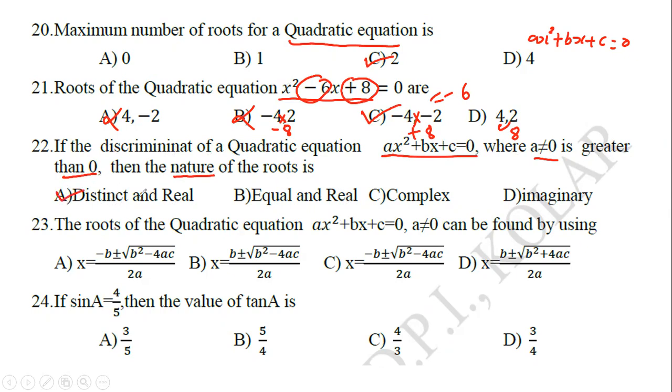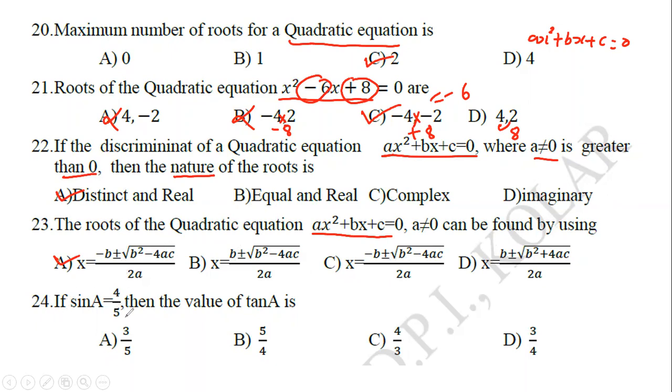So option A is correct. Next, 23rd question. The roots of quadratic equation ax square plus bx plus c is equal to 0 can be found by using which formula? So x is equal to minus b plus or minus root b square minus 4ac divided by 2a. Option A is correct. Next, 24th question.